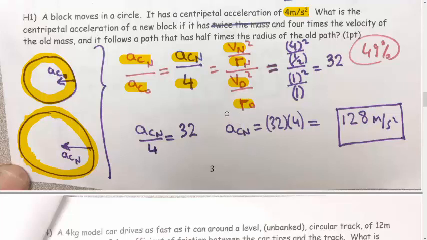Well, I don't know the absolute value of any of those, but if I look here, I can see it has 4 times the velocity of the old mass. So let's just say the old velocity was equal to 1 and square it. Well, the new one is 4 and square it.